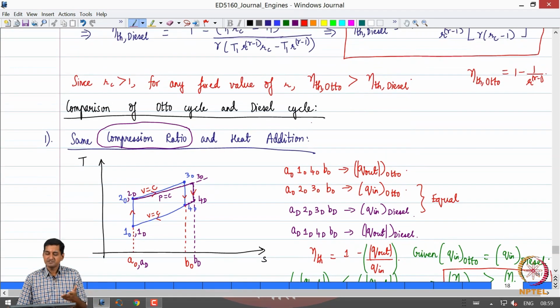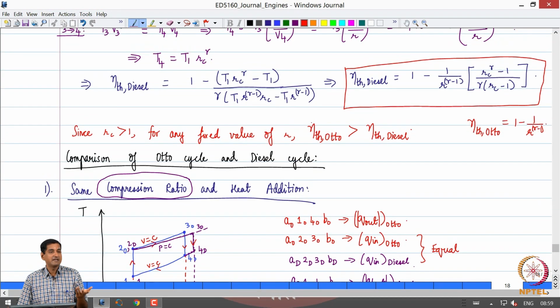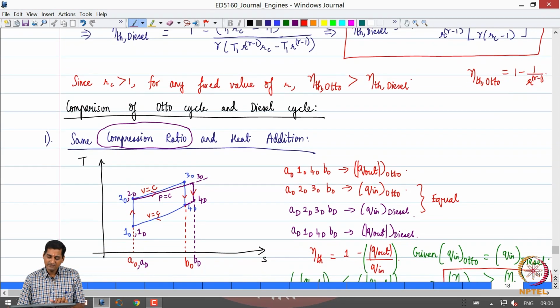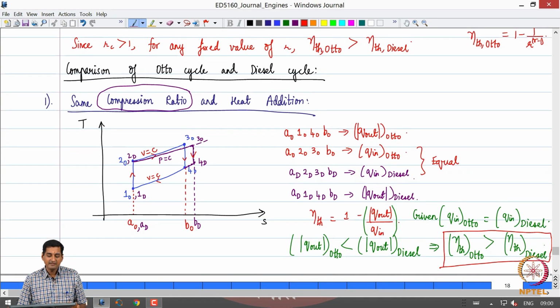As we realized from the analysis, if we fix the same value of compression ratio R, the air standard Otto cycle has a higher thermal efficiency than the diesel cycle. We wanted to investigate it further, so we considered one case where we had the same compression ratio and heat addition.